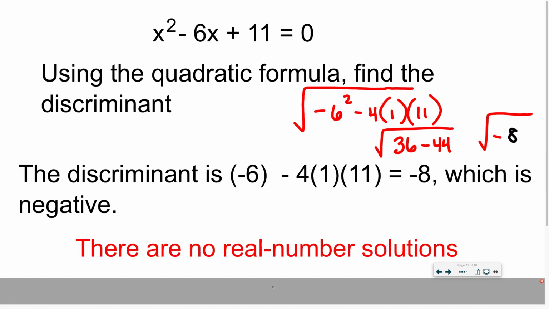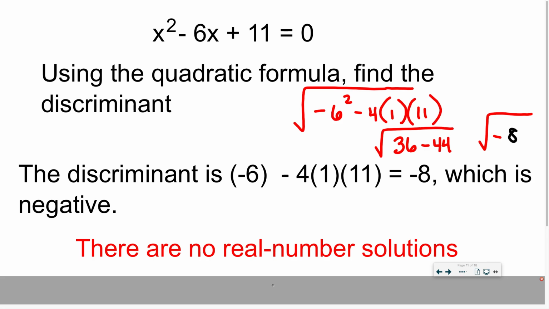If my discriminant is a negative number, there are no real number solutions to my quadratic. Why not? Yeah, the square root of a negative number is a non-real number. So if my discriminant is negative, I have no real number solutions. Positive discriminant, two solutions. 0 as a discriminant, one solution. Negative discriminant, no real number solutions.